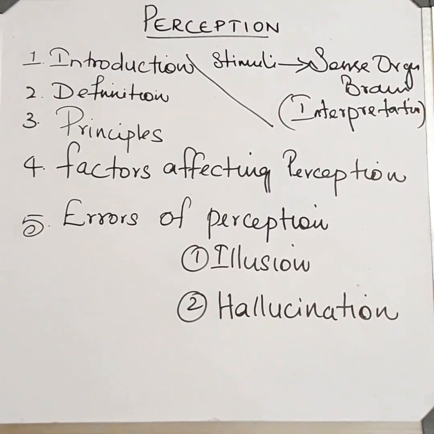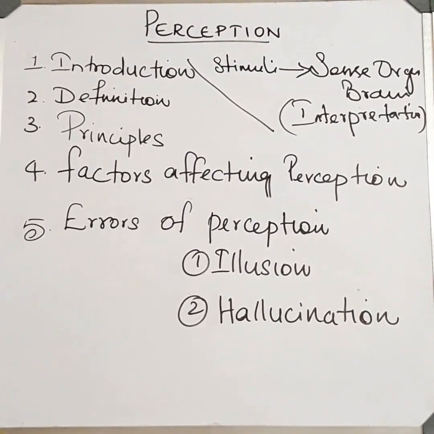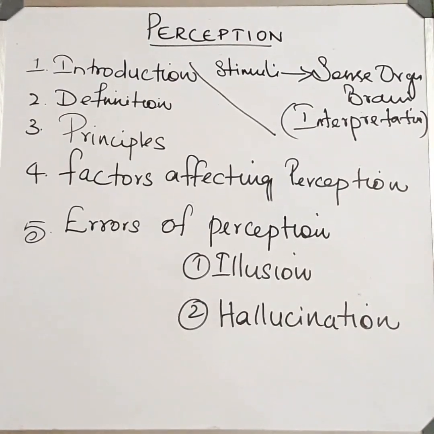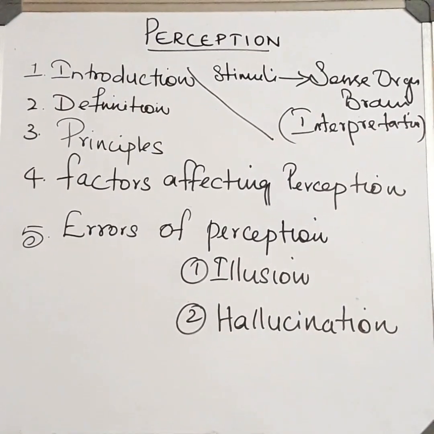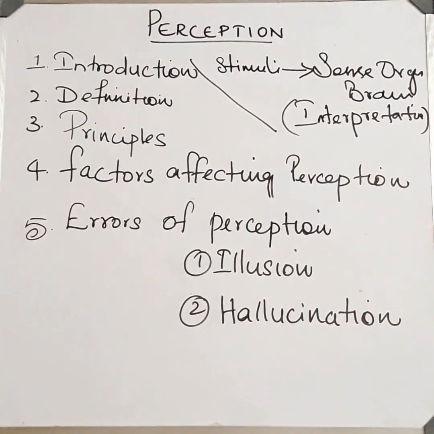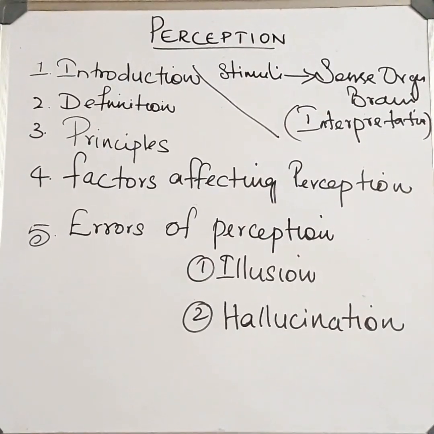Like that they will keep on telling like this. The hallucinations are more common in mentally ill people. Depending upon the particular sensory modality, people experience different types of hallucinations.